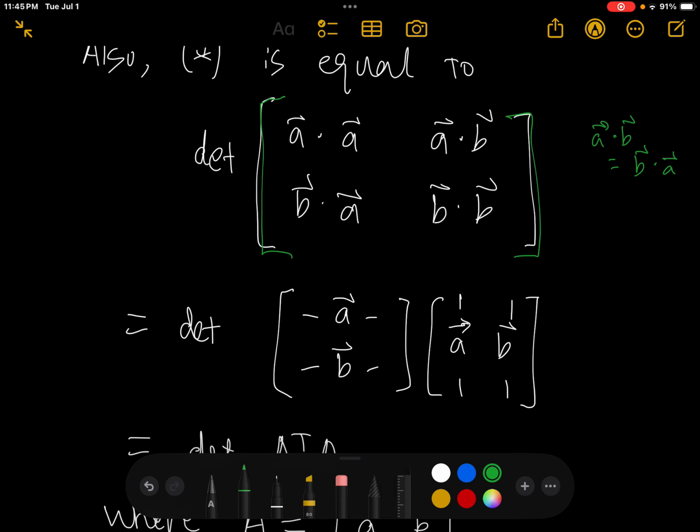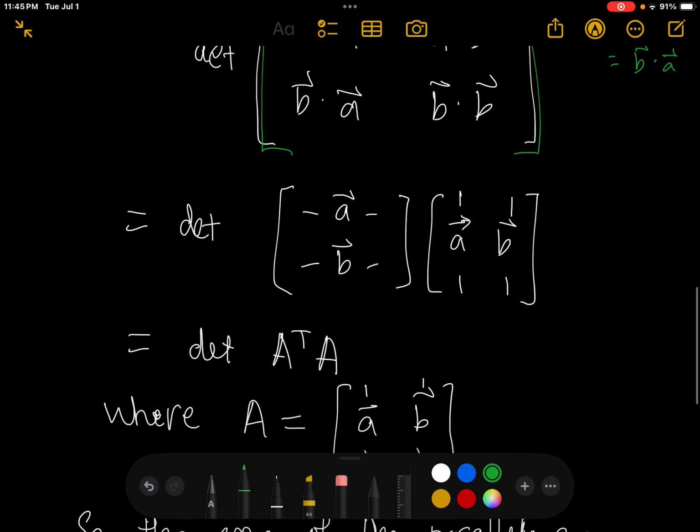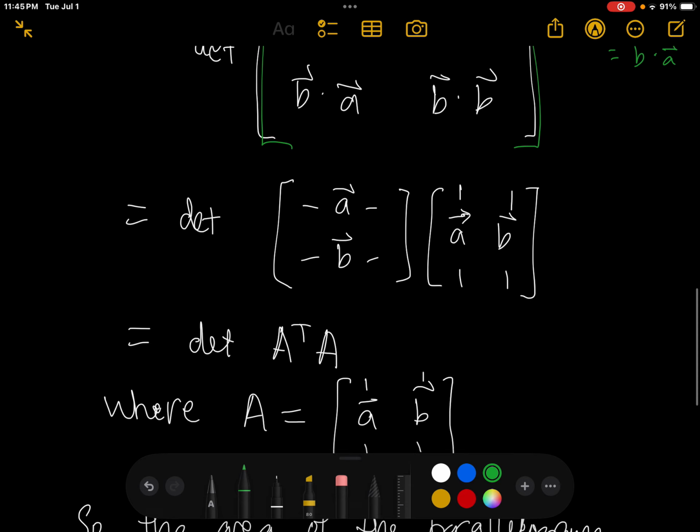this matrix is the same as the product of these two matrices, where the first matrix has rows a and b, and the second matrix has columns a and b.